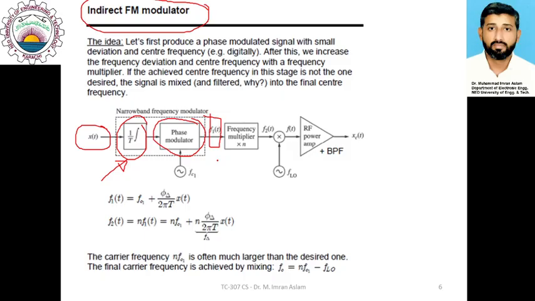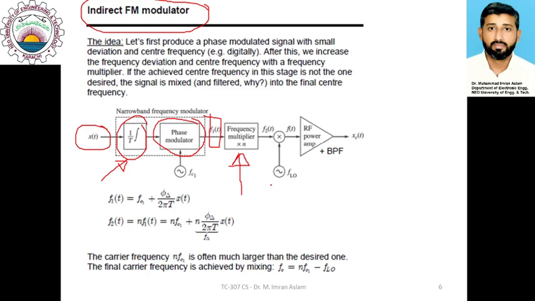and a smaller center frequency, and for transmission purposes we need a larger frequency deviation and a larger carrier frequency. In order to do that, we generally pass it through a frequency multiplier, which we discussed in our last lecture as well, that there are certain circuits which perform as frequency multipliers. So we can use a frequency multiplier in order to increase the center frequency as well as the frequency deviation.